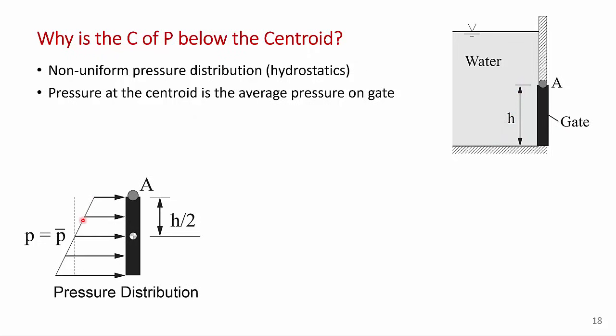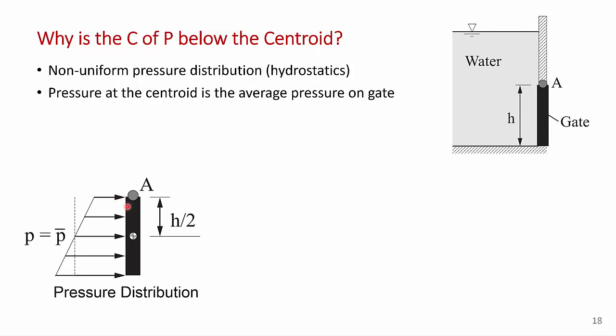And so now we have more force on the bottom half of the gate than on the top half of the gate. The average pressure, because it's a linear distribution, is still at the centroid. So we still replace this with an equivalent force equal to the average pressure times area, which is the pressure at the centroid. But now think about the moments of this pressure distribution around the centroid.